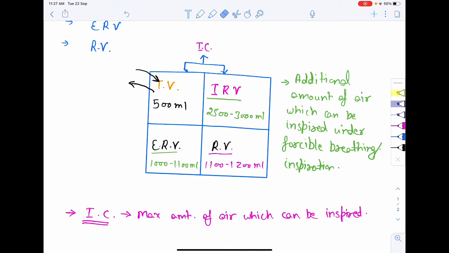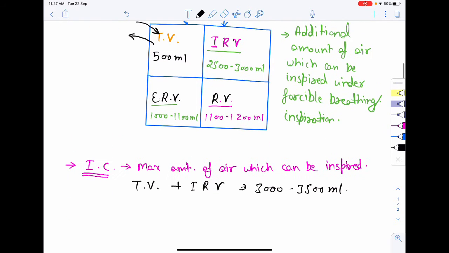So the value of IC is TV plus IRV, that is 3000 ml to 3500 ml. So this is the first point, inspiratory capacity.